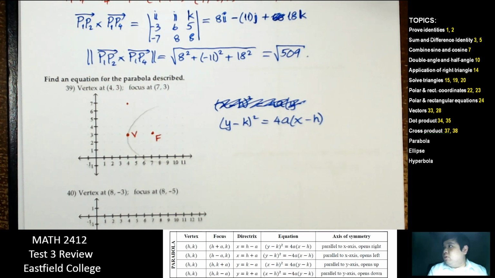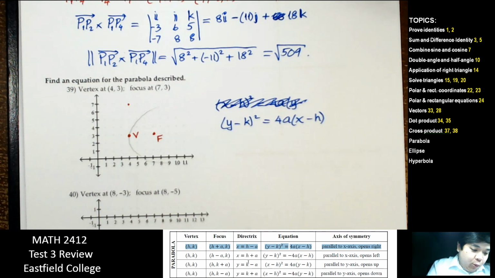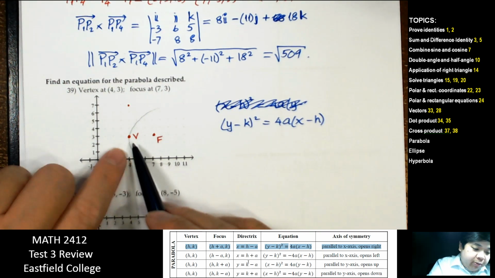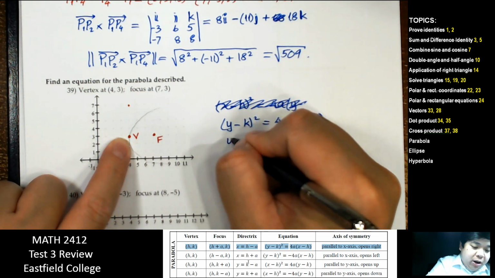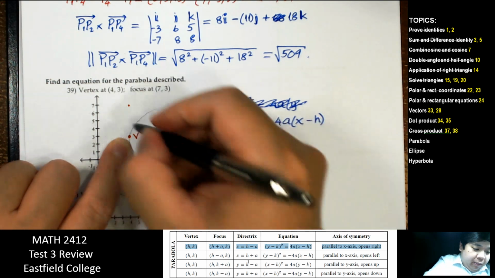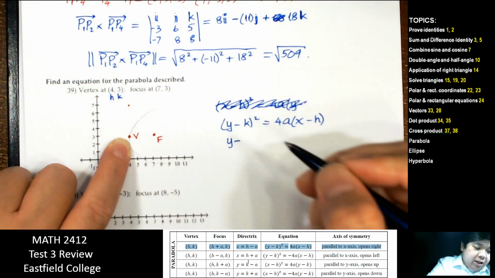So look at the first one here. Right. Now we know h and k, put them here, so we have y minus k.